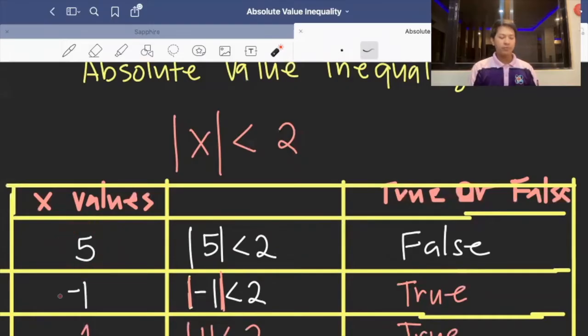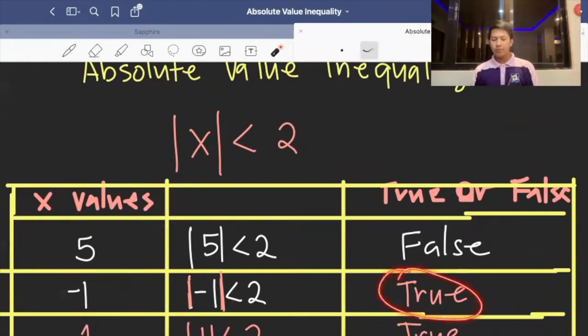Another example, -1. If x is equal to -1, we can substitute the -1 to x here. The absolute value of -1 is less than 2. Is that true or false? Absolute value of -1 is 1. 1 is less than 2. That is true.